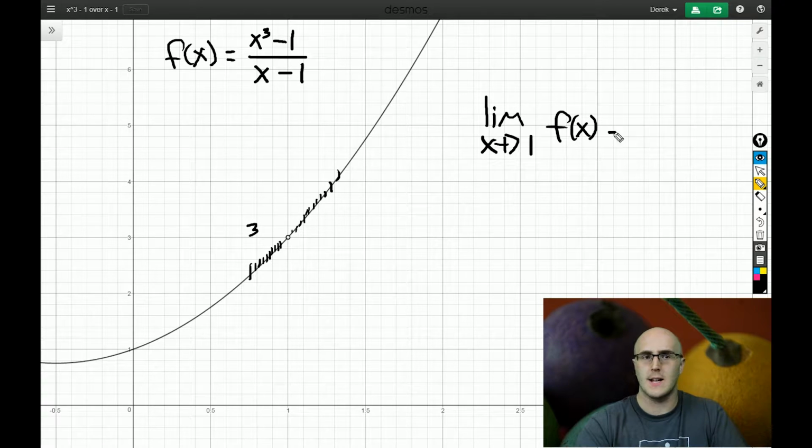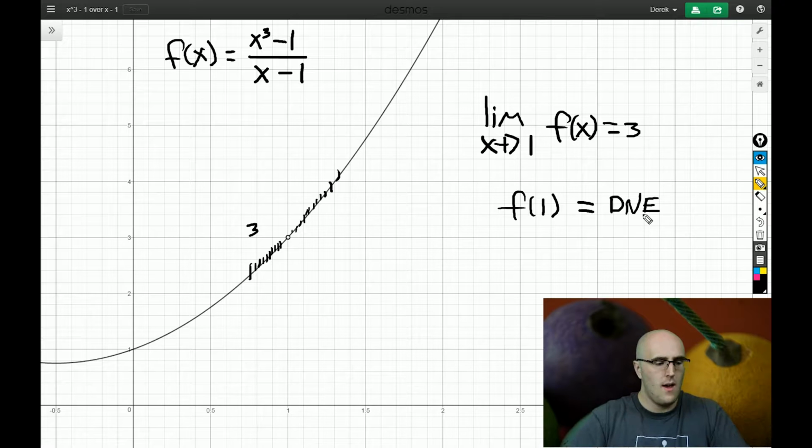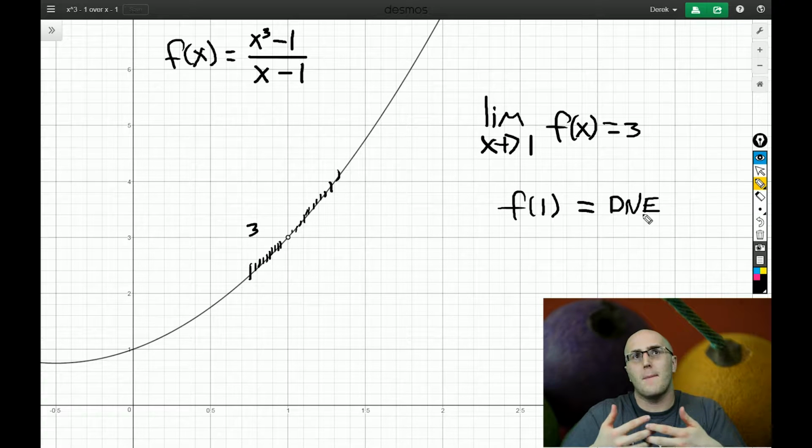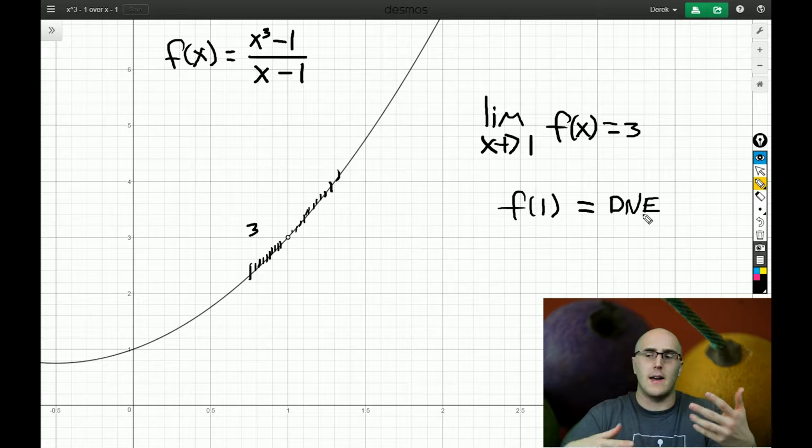So this actually has a limit of 3, even though f of 1 does not exist. It still has a legitimate limit. And this is why limits are useful, because they allow us to talk about holes, basically, and infinitely small numbers by addressing how things change as numbers approach other numbers. Let's move on to our next example.